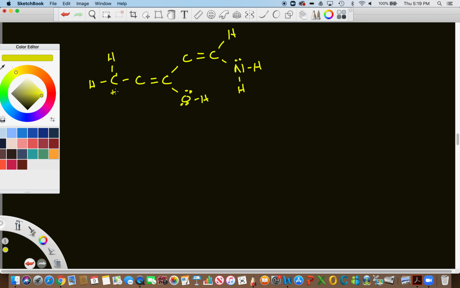Give you a little bit of time to draw this structure. Has 5 carbon, 2 double bonds, an OH and an NH2. Now we're going to take a little bit of time on this one, I can already tell. So electron pair here could form a double bond. I may try to straighten this out.